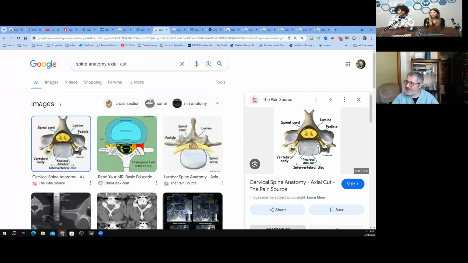But nature did something: the disc is weakest in the lateral recess right here. Here, it's not pushing on the nerve that's going out at the same level. Here, it pushes on the nerve that goes one level below it.